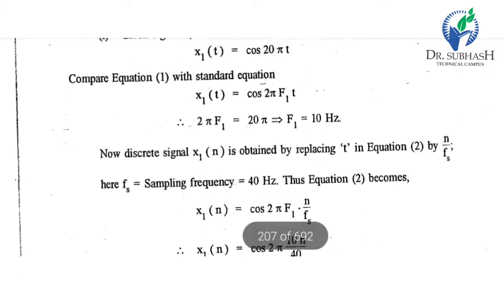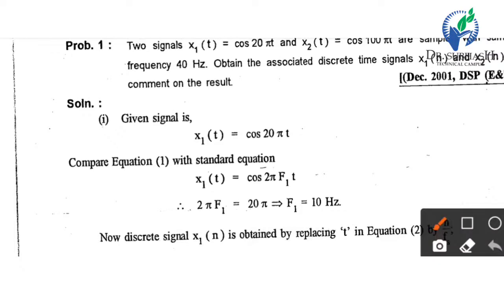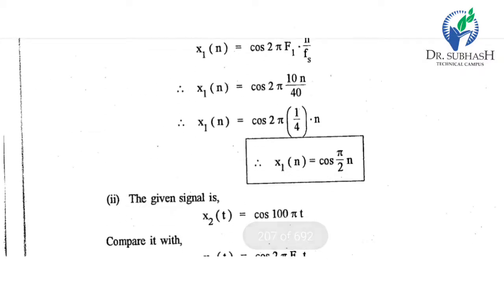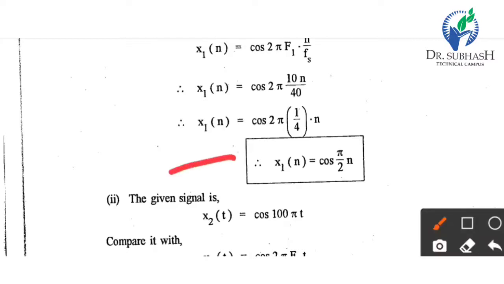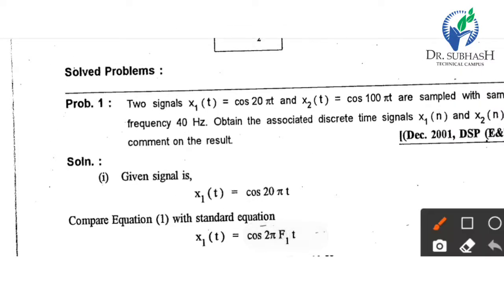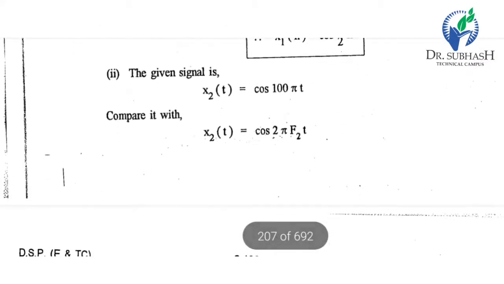That is our first discrete signal, cos pi by 2 n, obtained from cos 20 pi t, our continuous time signal. Now the second signal is given as x2 of t equal to cos 100 pi t. From that we again find f2.